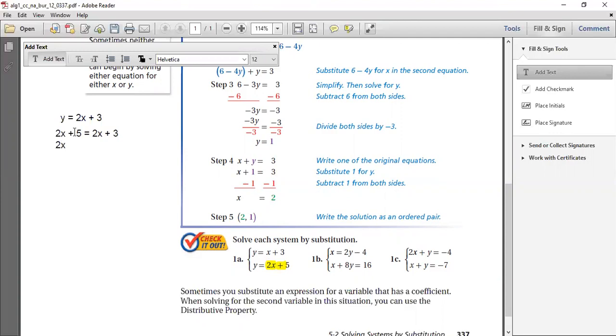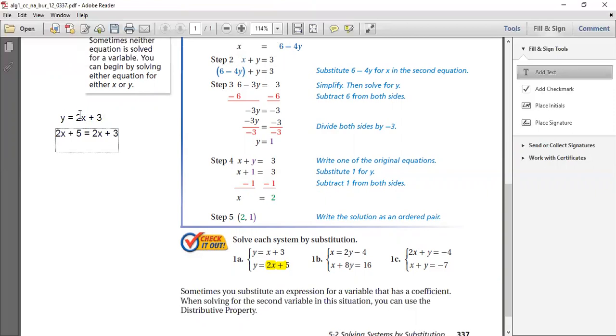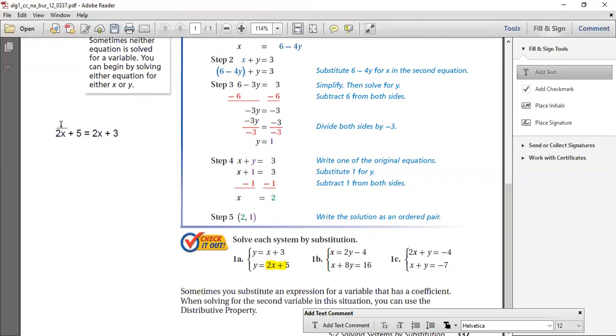Okay, what's the next step? Move all the x's to one side. Why am I writing 2 everywhere extra? I'm just using the equation y is equal to x plus 3.